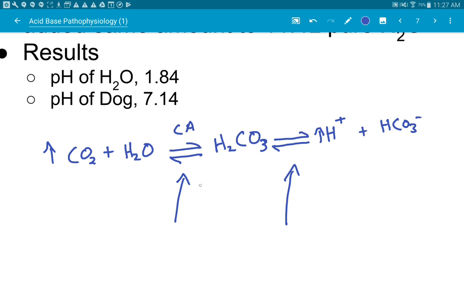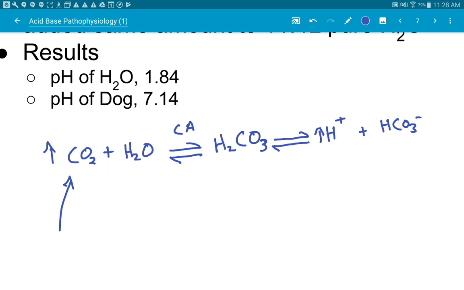This reaction, the one right there, doesn't happen unless that carbonic anhydrase is there. But do you guys remember? Does this make sense? If you add a whole bunch of one of the reagents on one side of an equilibrium reaction, it actually drives the reaction to make a bunch of whatever's on the other side of those arrows. So if I were to suddenly pour in a whole bunch of CO2 into this reaction, there's more CO2 molecules to react.